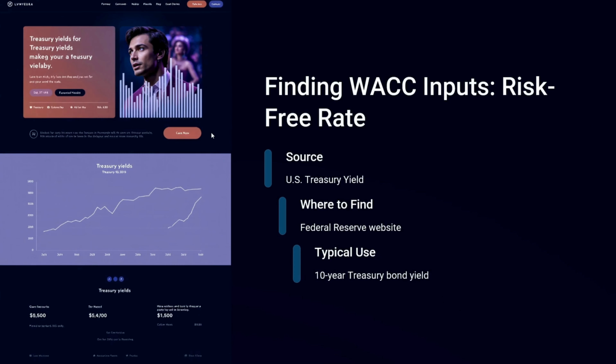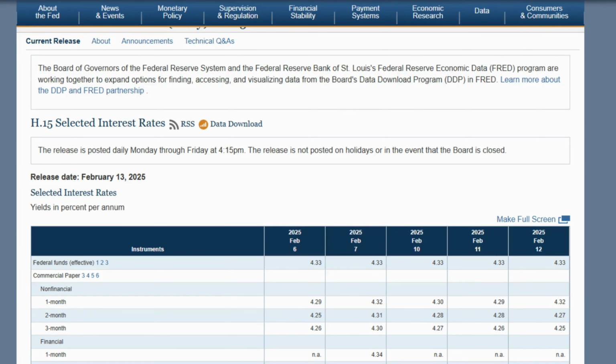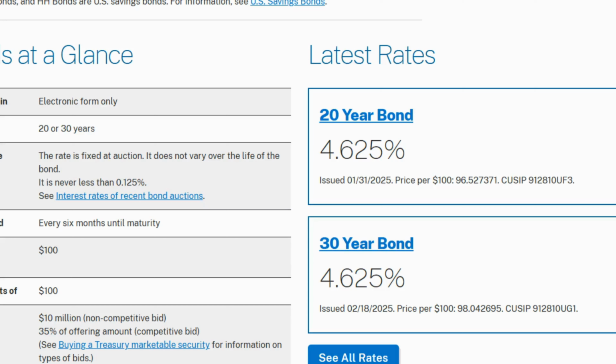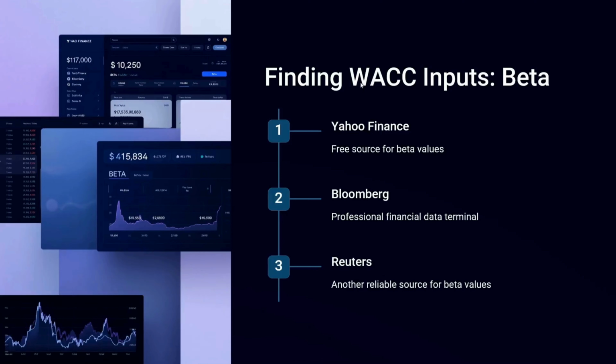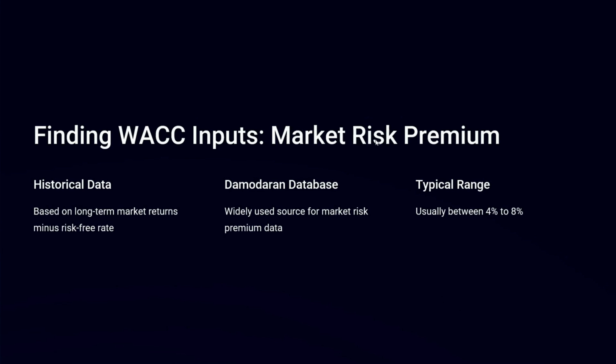Now, where do we find the inputs to calculate WACC? The risk-free rate we can get from the US Treasury, from the Federal Reserve website. Typically, we use the 10-year Treasury bond. For beta, we get it from Yahoo Finance, Bloomberg, and Reuters. And the market risk premium we get from historical data.